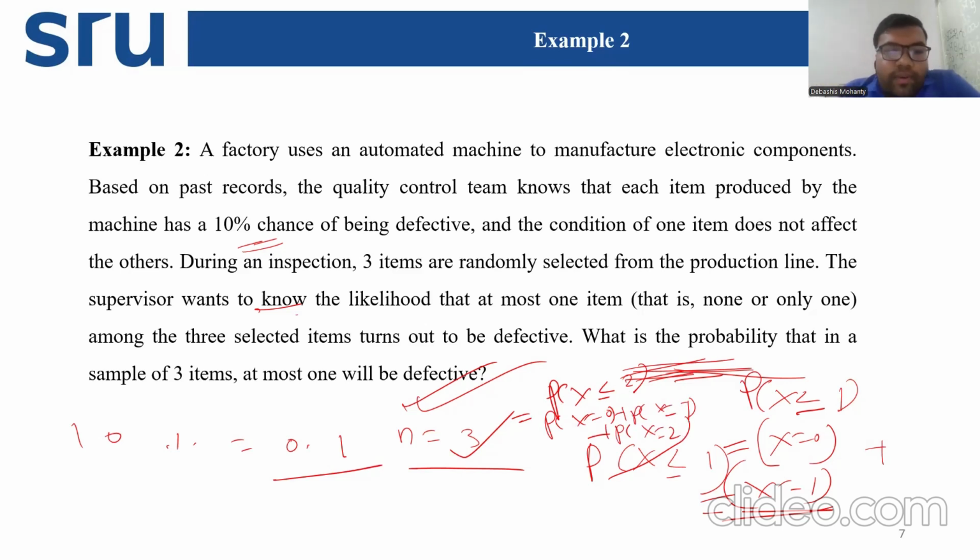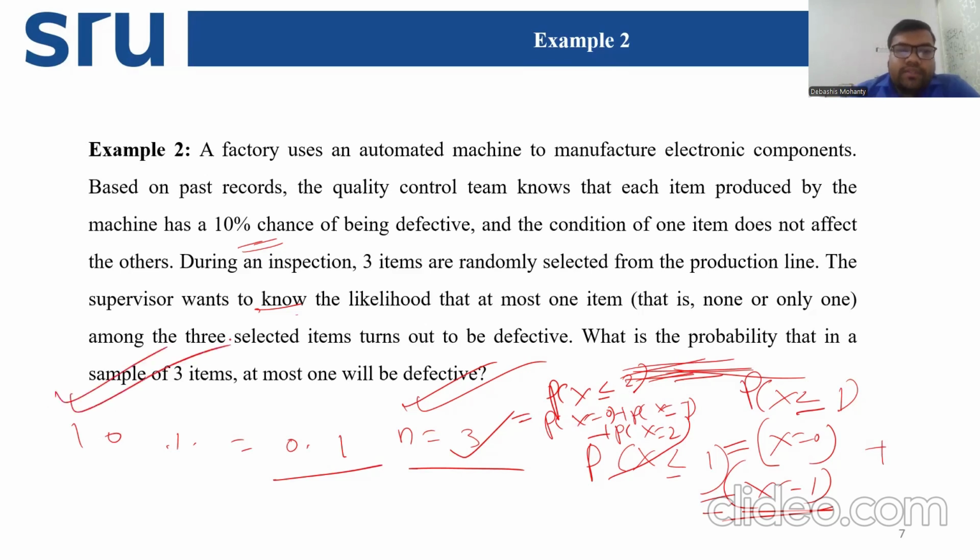Okay, so we can calculate at most defective by using the binomial distribution. So now we can see how important it is: we can use the binomial distribution to compute the probability of success and failure. The defective case also we can compute using the binomial distribution.